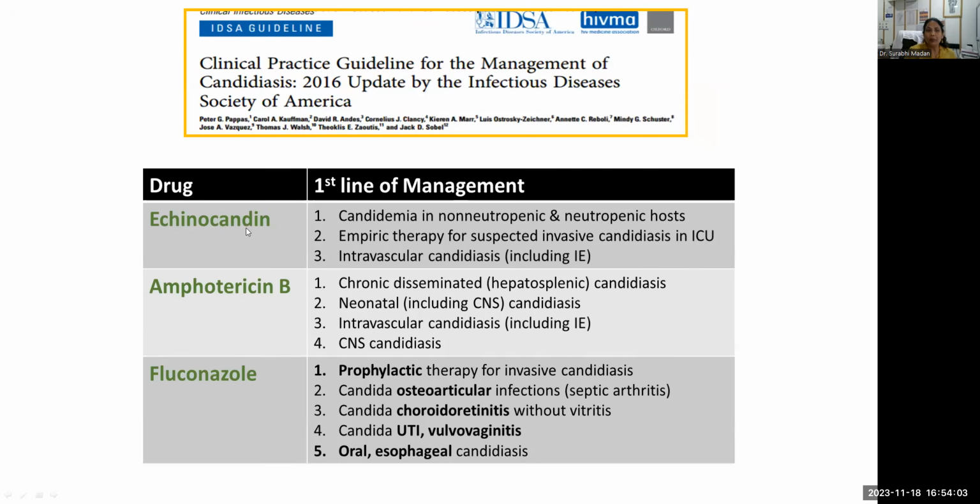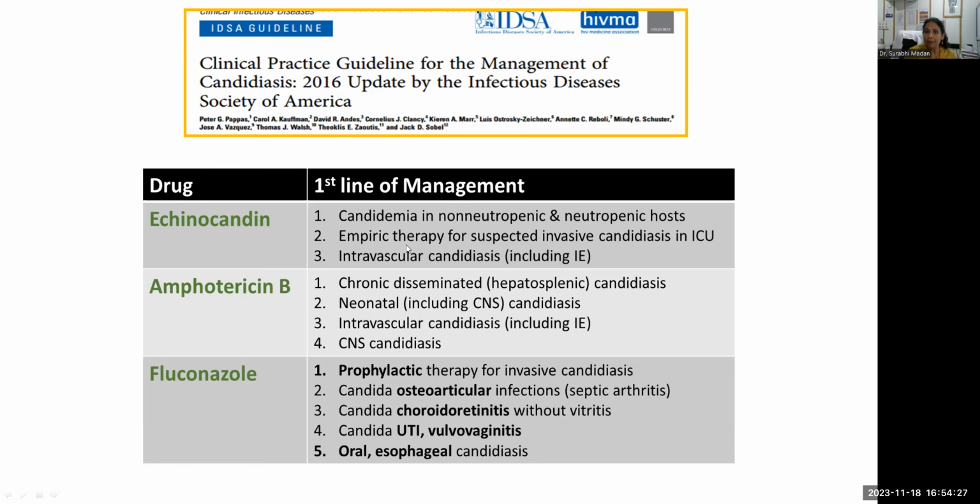And if we talk about the placement of these agents in the treatment of candidemia, let us discuss one by one. Where do we place these agents as the first choice agents? Echinocandins, as we discussed, are the first line of management of candidemia in non-neutropenic as well as neutropenic hosts.